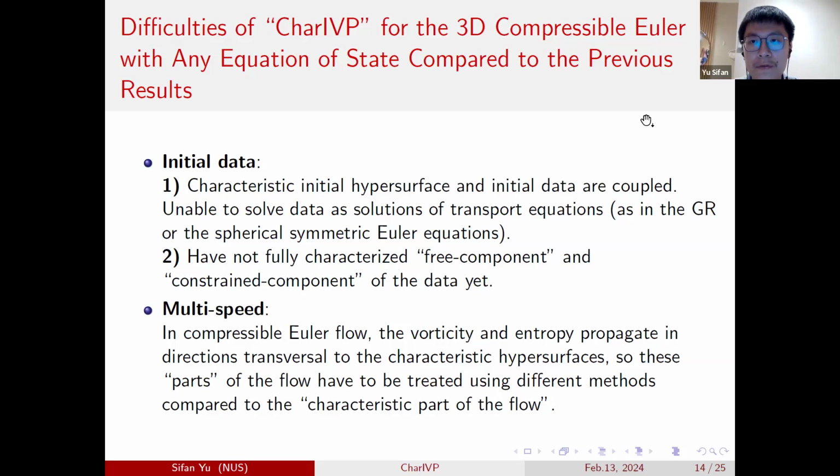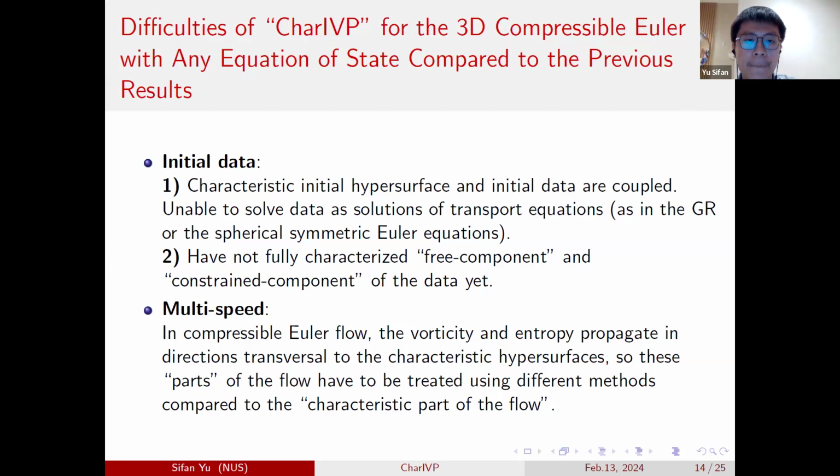Once we have the initial data constructed, we have formulated our characteristic IVP. To find any local well-posedness result, there are extra components that you need to consider, because the compressible Euler equations with dynamic vorticity and entropy form a multi-speed problem. Basically, vorticity and entropy gradient satisfy transport equations while the fluid variables satisfy wave equations.